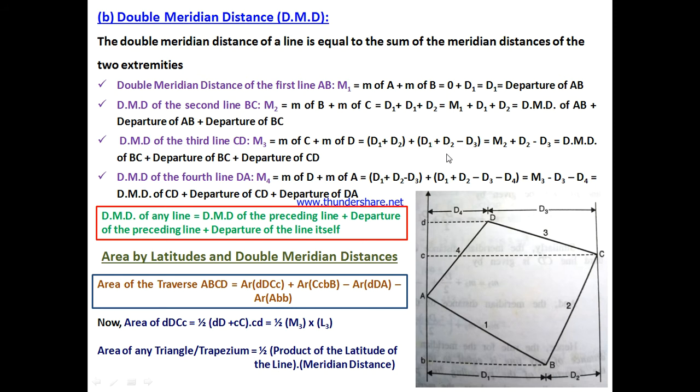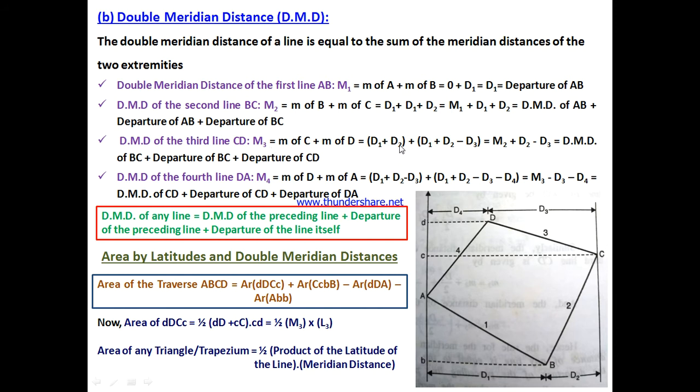D1 plus D2 means we go from here covering D1, from B to C covering D2, and then we move towards D to determine the meridian distance of D. In this manner we determine the double meridian distance of line CD.